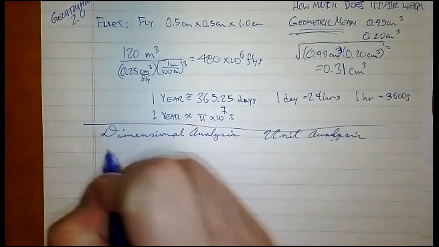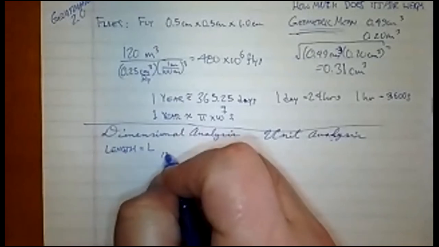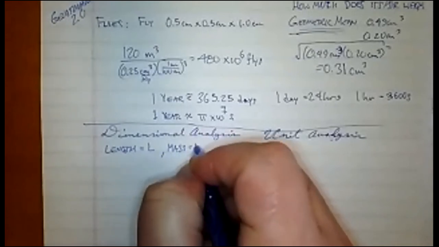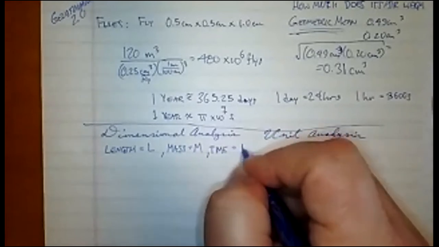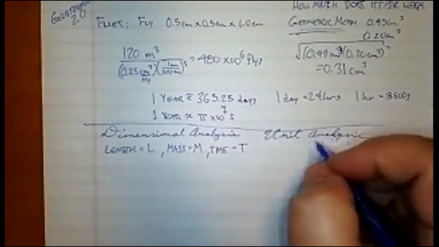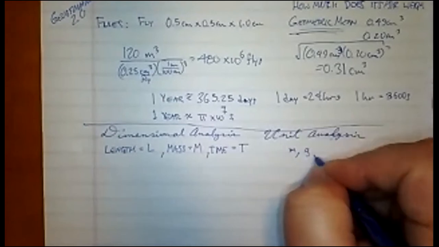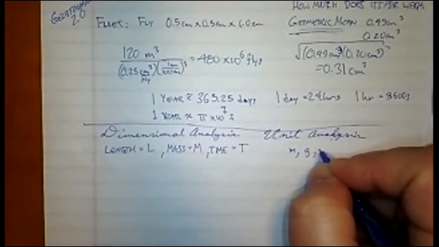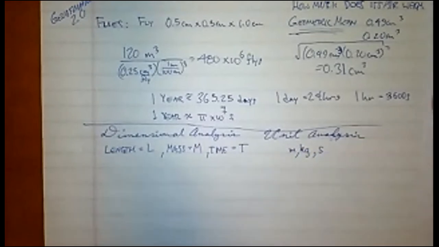But basically, the dimension for length in this is L, mass is M, and time is capital T. Whereas in unit analysis, we would use the meter, the kilogram, and then the second. That's the only difference. So we use a generic capital L for the dimension of length, whereas we'd use meters if we were doing unit analysis.